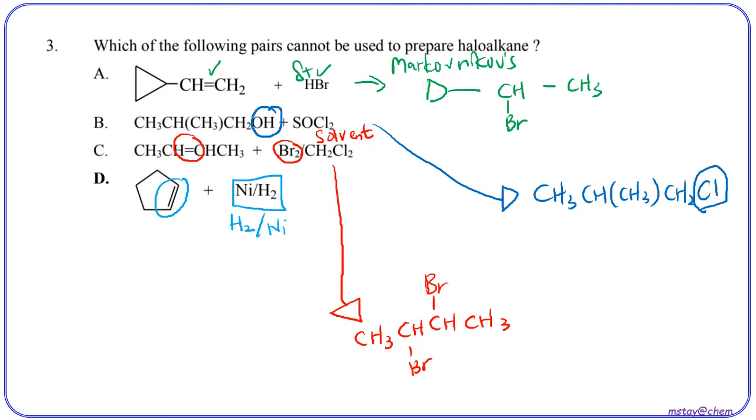When this happens, break the double bond and form 2 new single bonds, both bonded to hydrogen. So basically it is from cyclopentene to produce cyclopentane. The question asks which one cannot produce haloalkane, so the answer definitely is D.